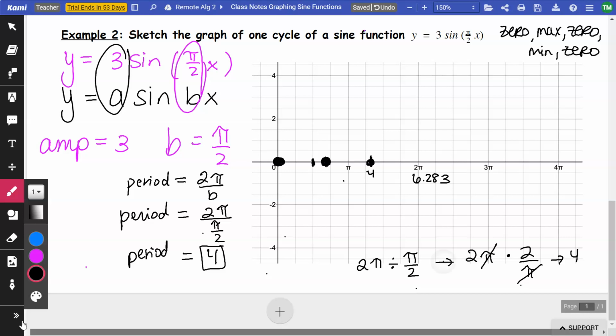All right, so that would be 2 radians, and that's our other 0. Then our maximum occurs halfway between 0 and 2, so about here.